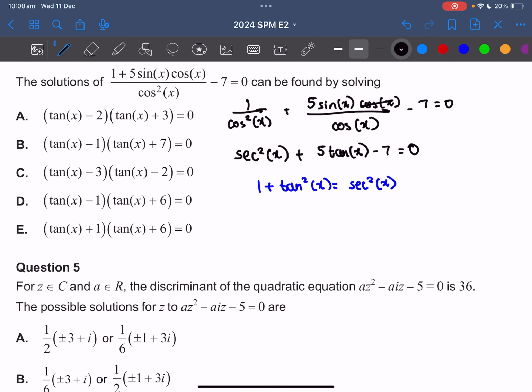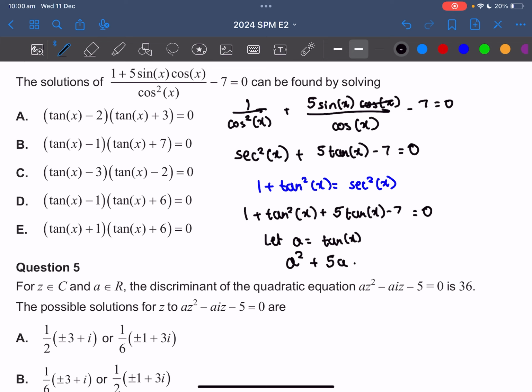So we will have 1 plus tan squared x plus 5 tan x minus 7 equals 0. So I'm just going to say let a equal tangent of x. So we'll have a squared plus 5a, and then 1 minus 7 is minus 6, equals 0.